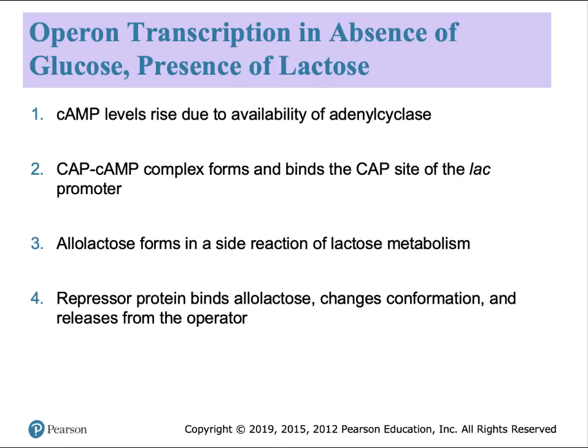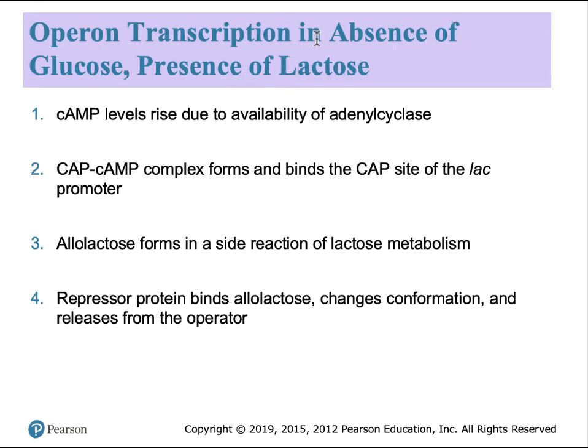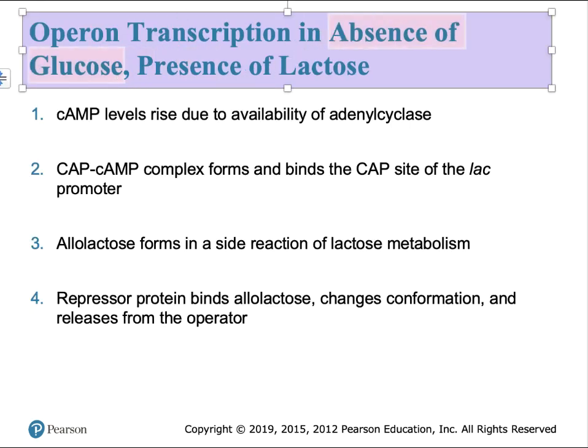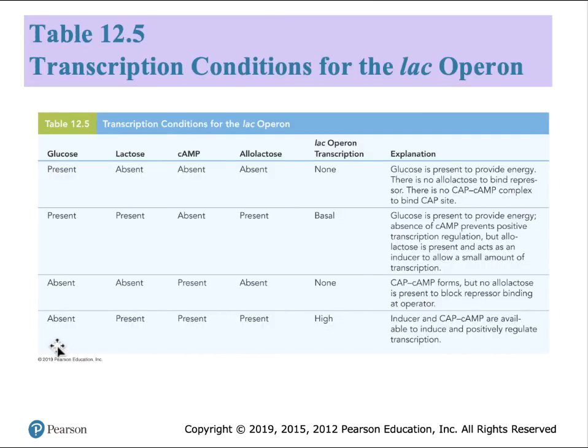This slide corresponds to one of these four conditions, and in this case glucose is absent and lactose is present. So in that scenario we can look it up. Glucose is absent, lactose is present.